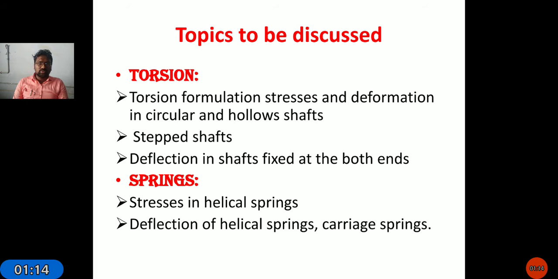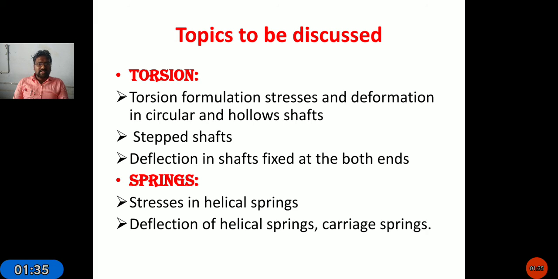In some cases we use different cross sections. Mainly we use circular shafts having solid and hollow sections. In some cases we use stepped shafts. Next, in this chapter we will also calculate the deflection in shafts fixed at both ends.